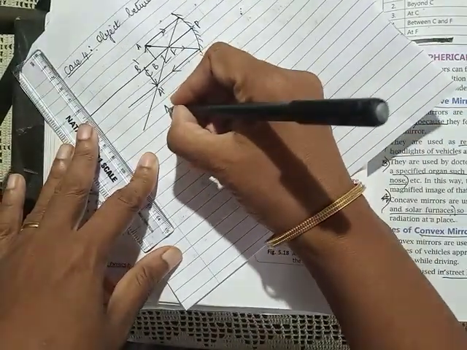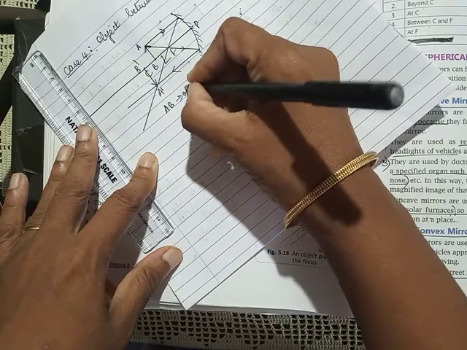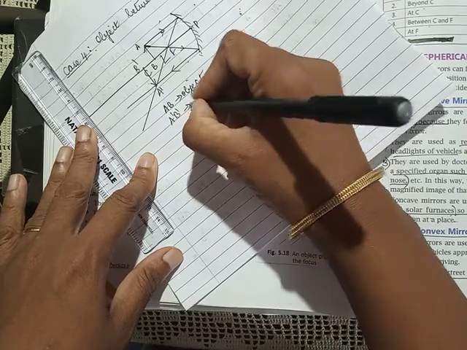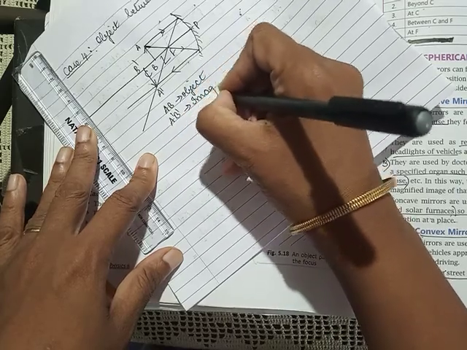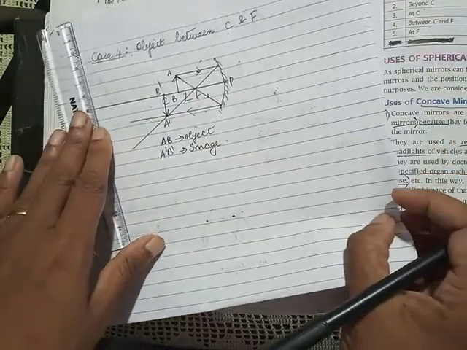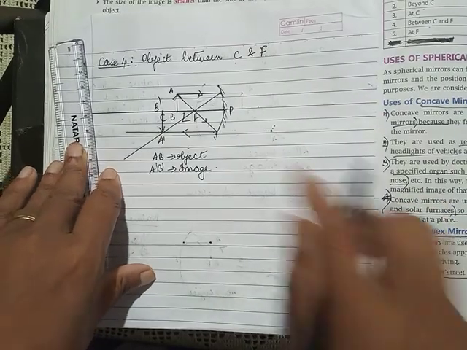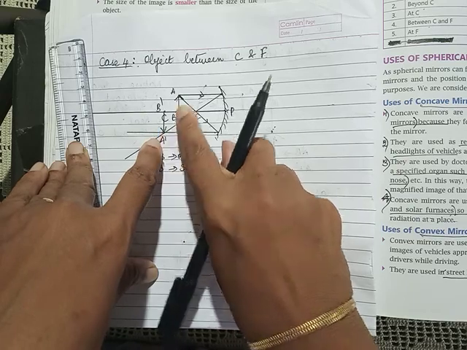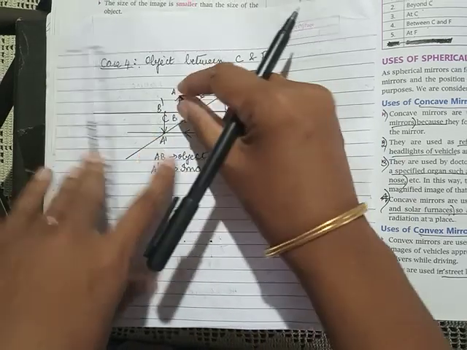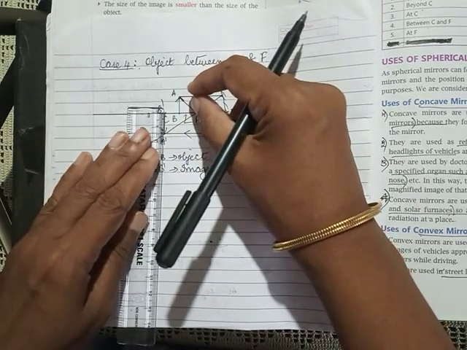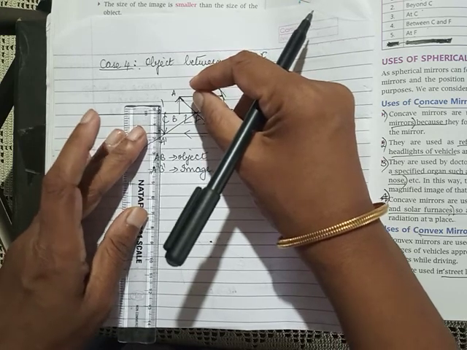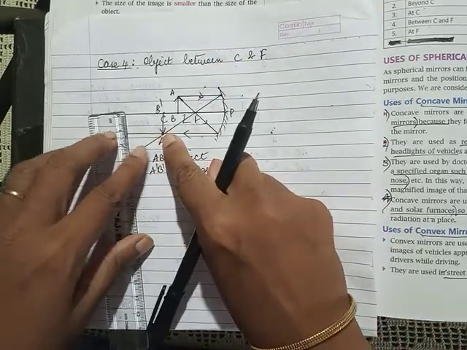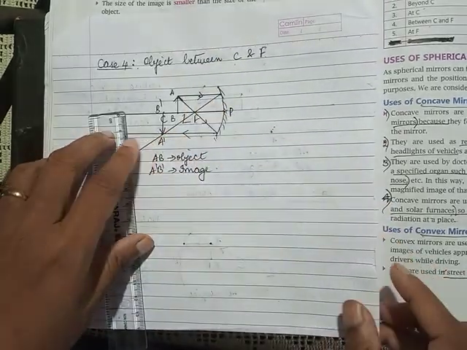Immediately you label it: AB is the object and A dash, B dash is the image. Okay, I hope you got it. All of you got an inverted image, and remember it should be longer than the object. See, this is 1.4 centimeter or something. So the image should be bigger than the object.